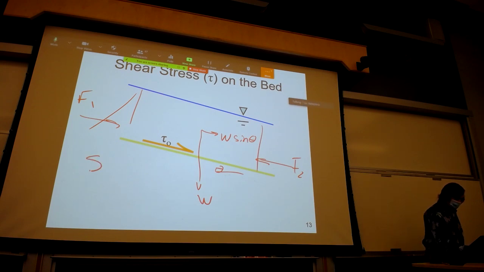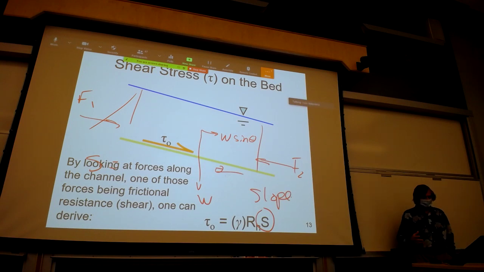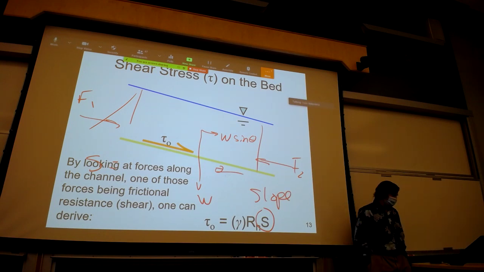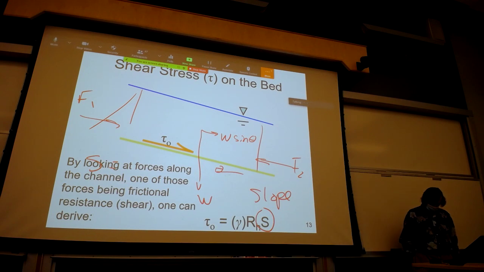I know I talked about it. Oh, it was on the gamma R S slide. There it is. So, capital S is the slope. And I don't think specific gravity is in this talk at all today, but I know we used capital S for specific gravity in the past. I'm trying to use the terminology consistent with your book and consistent with what you see people using when they talk about open channel flow. And again, there's more to talk about in slope.